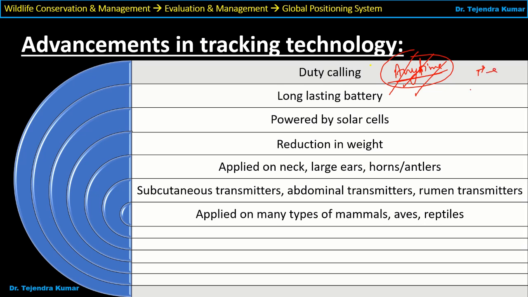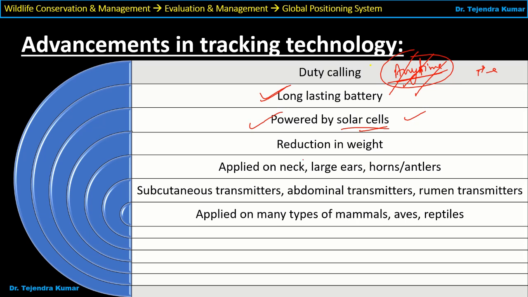So this is called duty cycling. That's why the batteries, the energy sources, are saved, and a long lasting battery is available, powered by solar cells, as I gave the example of the birds. These are placed on migratory birds, so they can be charged automatically.